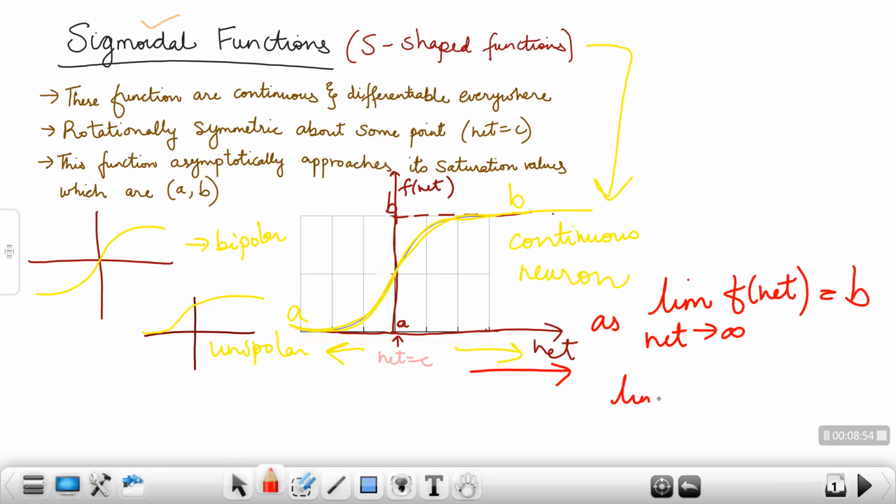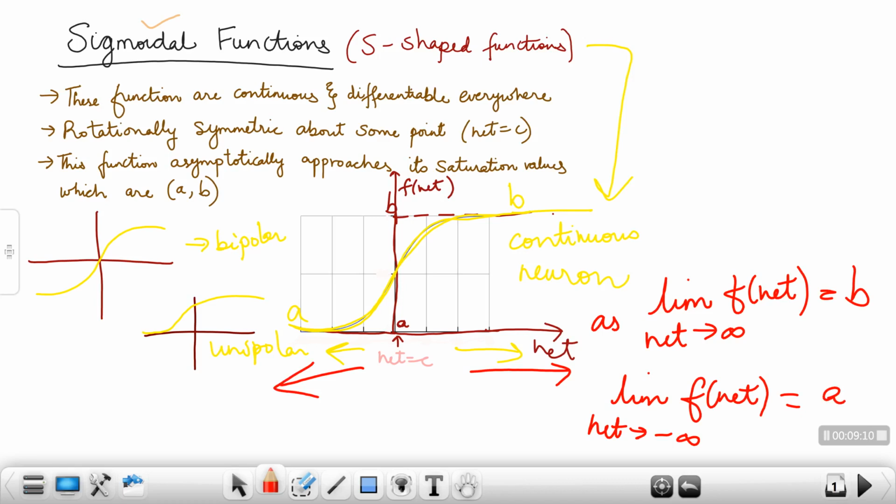And as the limit of net tends to minus infinity, f of net approaches A. So this is a sigmoidal function.